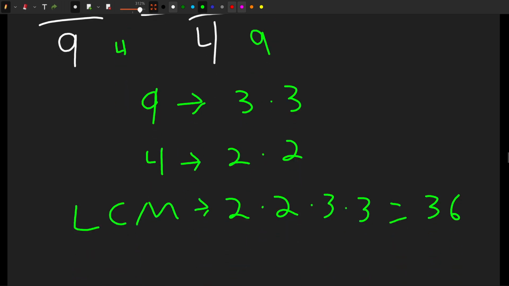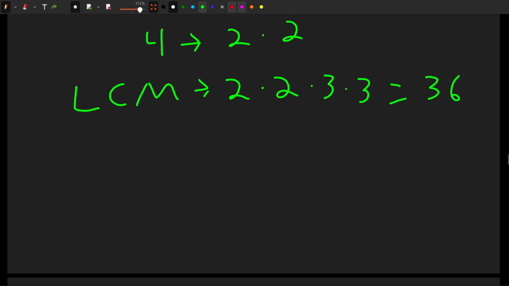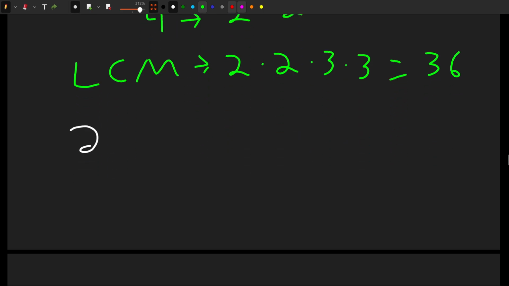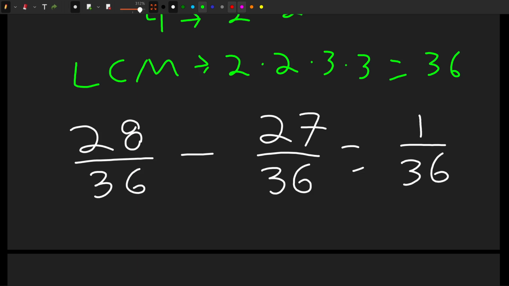On the top, 7 times 4 is going to be 28, and I'm going to have 36 on the bottom. And then 3 times 9 is going to be 27, and 36 is on the bottom. And so 28 minus 27 is 1 over 36. There we go.